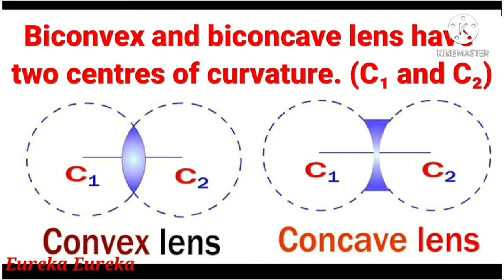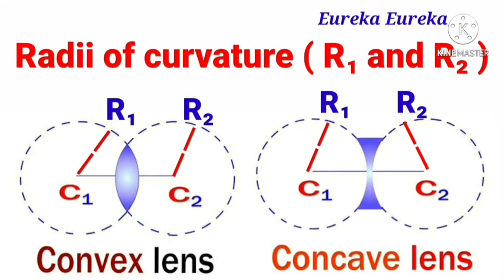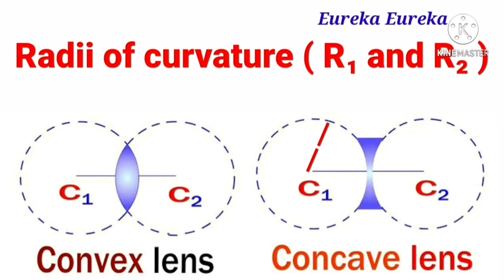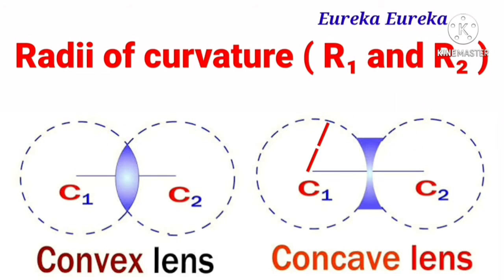A lens with both surfaces spherical has two centers of curvature, C1 and C2. Second is the radius of curvature R: the radii R1 and R2 of the spheres whose parts form the surfaces of the lens are called radii of curvature of the lens.